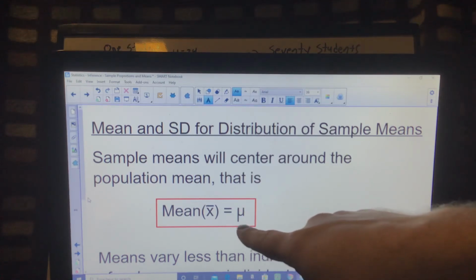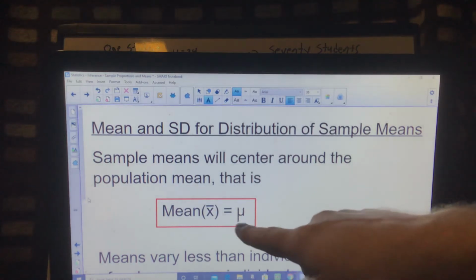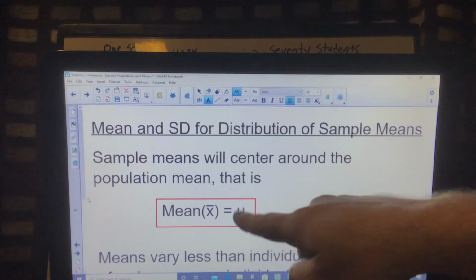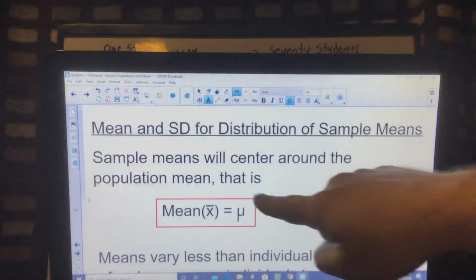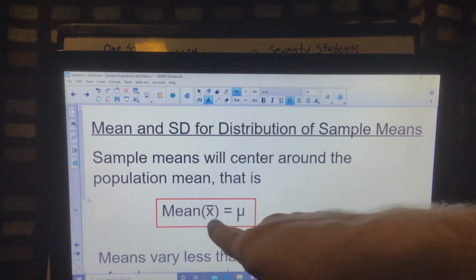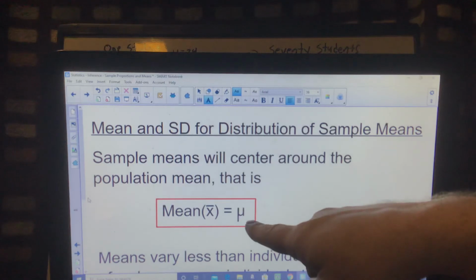Now, the x bar is used for sample means, and this Greek letter mu, like a U with a little extension on it, stands for the population mean. So if you took all your sample means and averaged them, it should basically be your population mean.